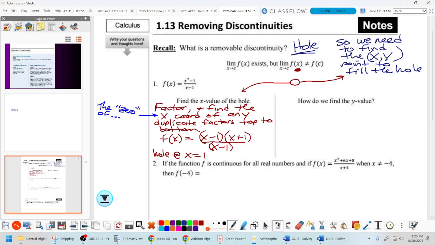So let's use that instead of messing with this function. The limit exists there. Because it's a hole, we're not worried about jumps or infinite discontinuities. So the limit definitely exists there, and is the y value of the hole.